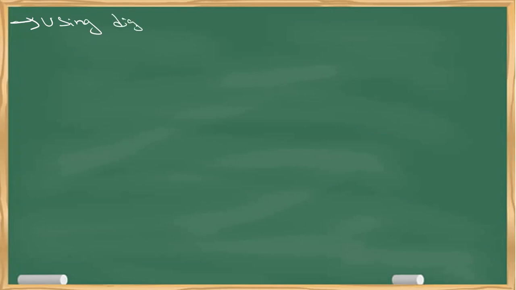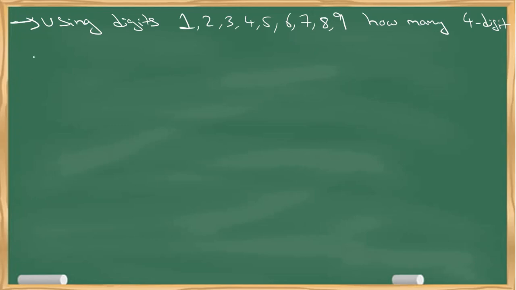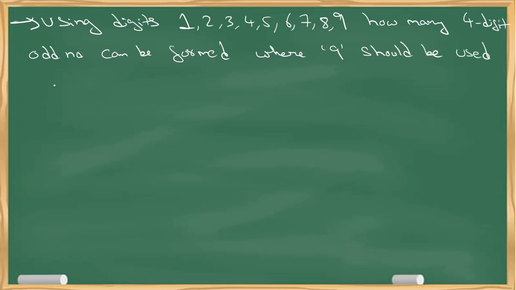Using digits 1, 2, 3, 4, 5, 6, 7, 8, 9, how many 4-digit odd numbers can be formed where 9 should be used exactly once without repetition?